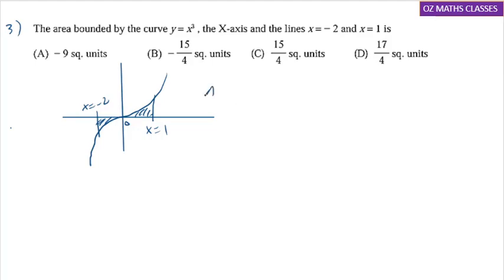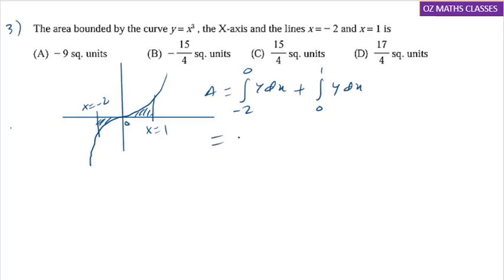The required area will be the integral from minus 2 to 0 of y dx, breaking at the origin, plus the integral from 0 to 1 of y dx.